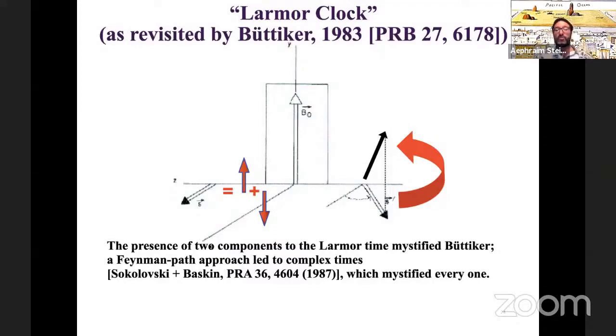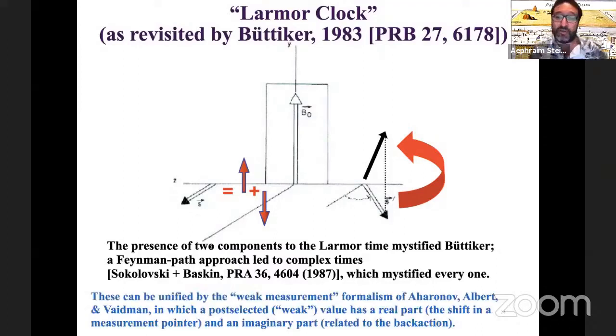Based on the weak measurement formalism of Aharonov, Albert, and Vaidman, which was published a few years after this Larmor clock work, we understand that the real part of what I call a weak value, in this case, the precession angle in the XY plane, corresponds to the effect of the system on the pointer, the expected change in a pointer position, a classical measurement result, in other words.